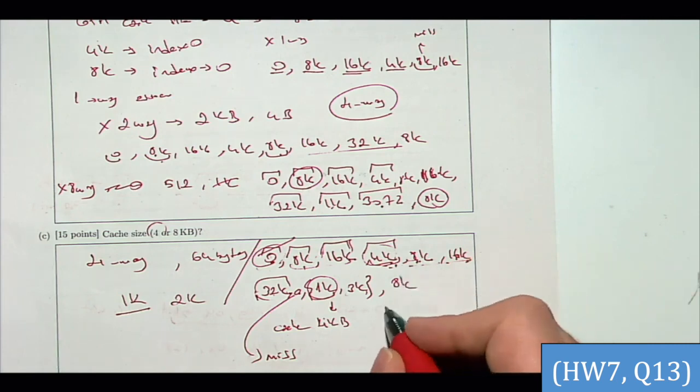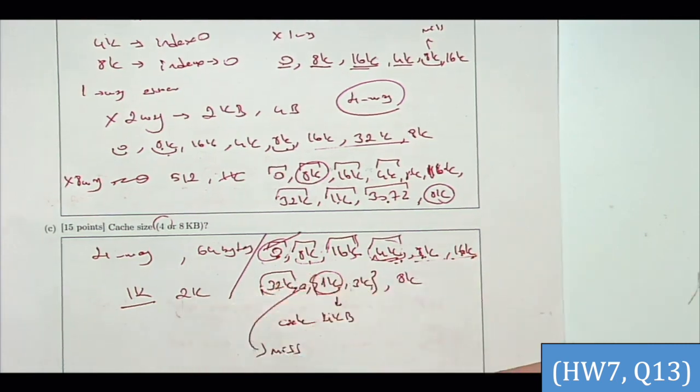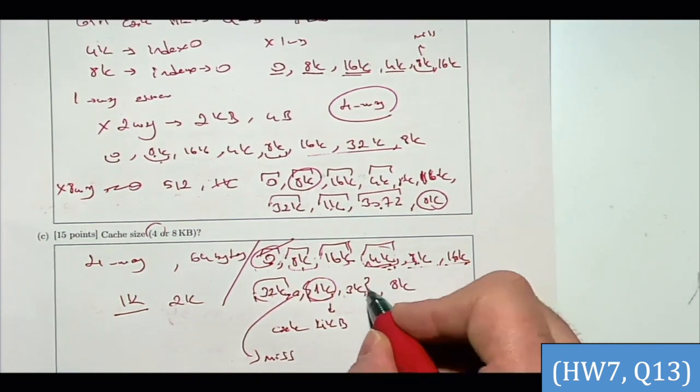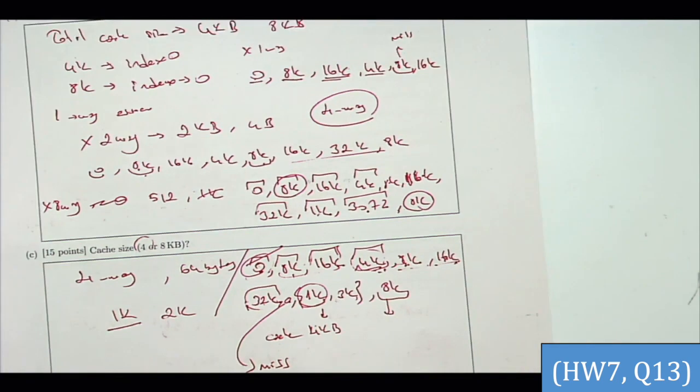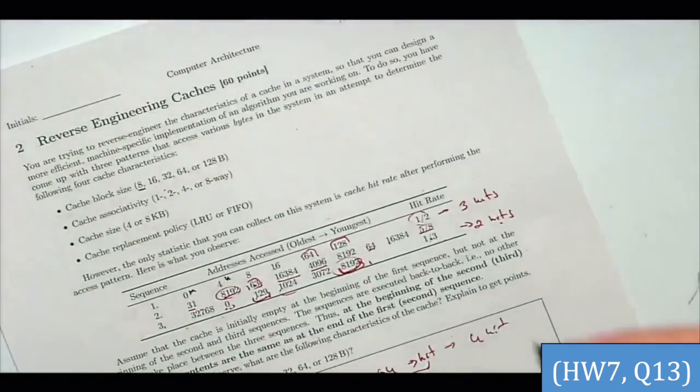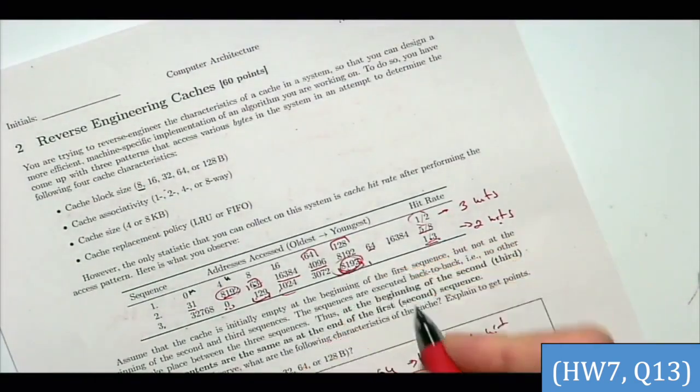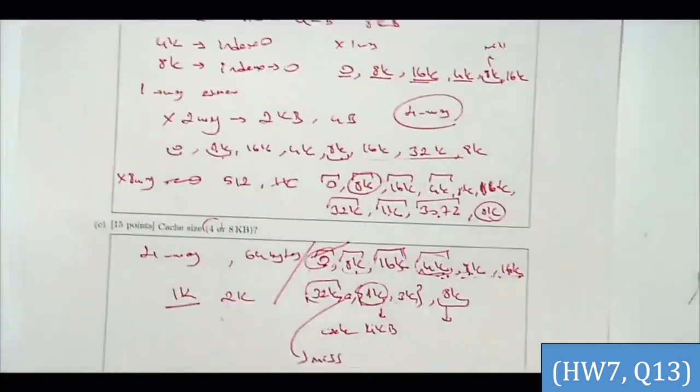So why is this important? If the cache size is 4 kilobyte, this means that we will have to replace the address of 8K, and then this will mean that the 8K here will be a miss. So this shouldn't be a miss. Why? We are already given the hit rate, and our only option is that 8K should be a hit.